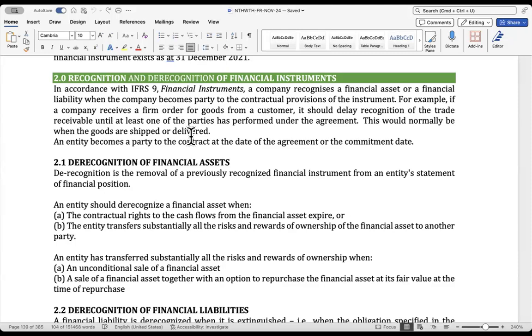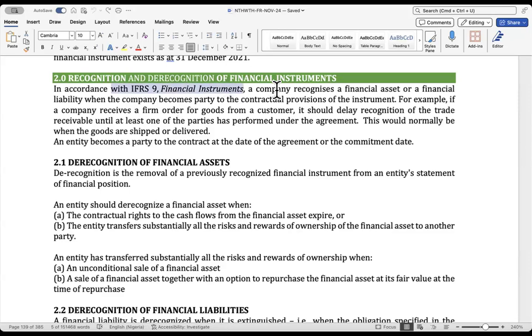When you have identified that a financial instrument exists, then you have to put it in your books, and that is recognition, and that is covered under IFRS 9 under financial instruments.